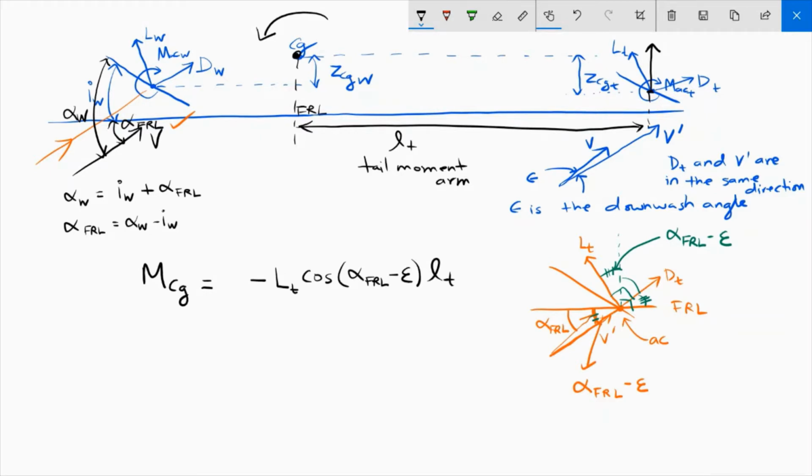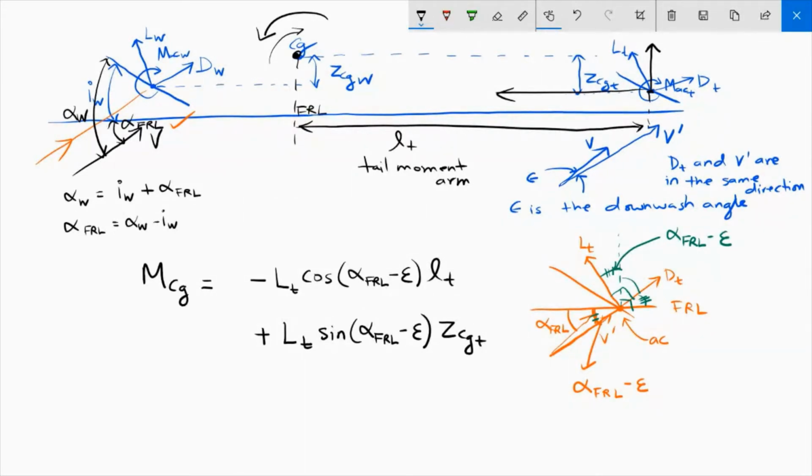The horizontal component is going to be LT sine of alpha FRL minus epsilon. And now the vertical distance between this lift and the center of gravity is z cgt, so we have to multiply by z cgt. And how will this try to turn the aircraft? This will turn it upward, right? So that means we will put a positive sign here. So that's the contribution from the lift.